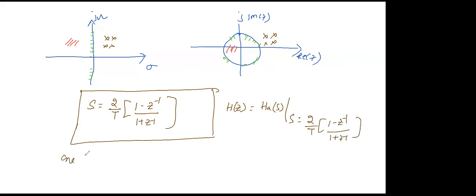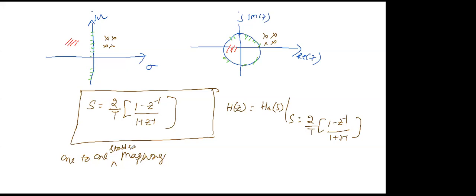This is a one-to-one mapping, meaning one pole in the analog domain maps to only one pole in the digital domain. You can say a one-to-one stable mapping, because it satisfies all the stability conditions. Clear, all of you? Yes or not?